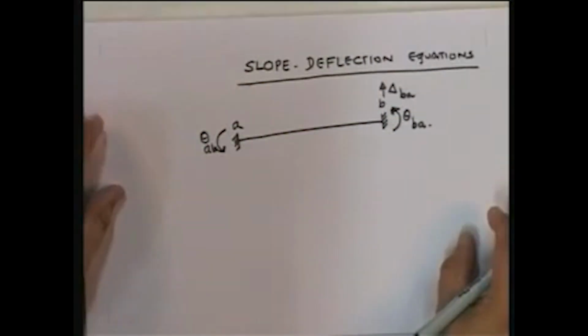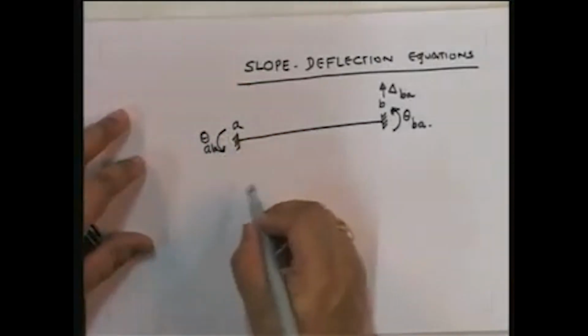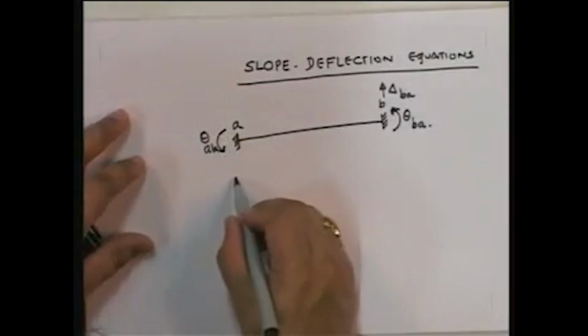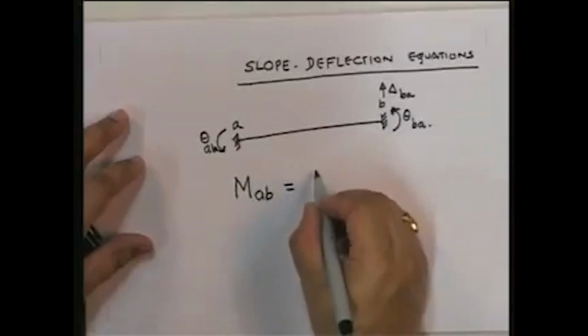Then the slope deflection equations, and note that because I've drawn it in this way, the slope deflection equations become this. I'm just writing down the slope deflection equation.